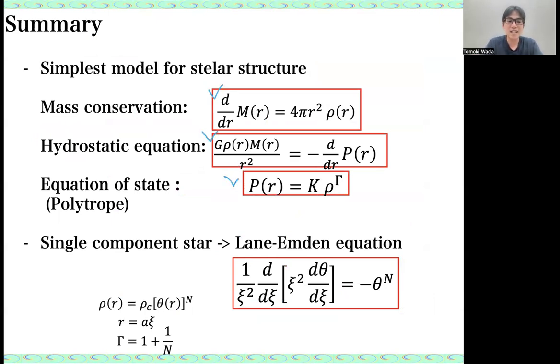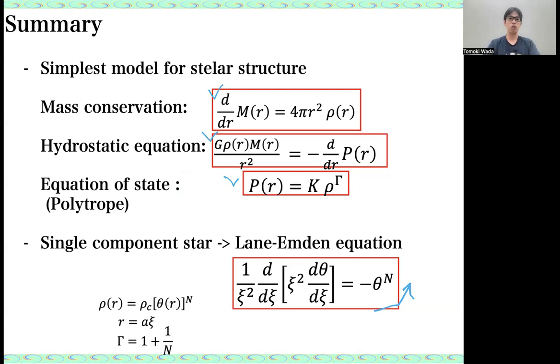And for a single component star, we get this Lane-Emden equation. This is very simplified, but we can solve it, for example, just using PCs. And this is a very good first step to understand stellar structures.